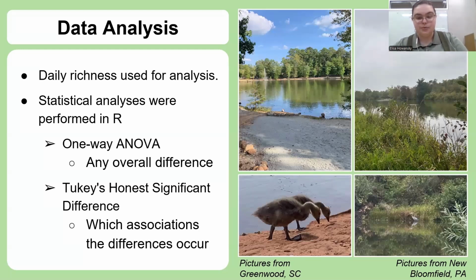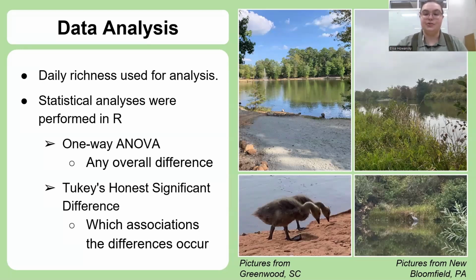If any difference was shown in our one-way ANOVA, we used a Tukey's honest significant difference post hoc test to tell where those differences were actually occurring. So was it between Wisconsin, Florida, South Carolina, Florida, etc.